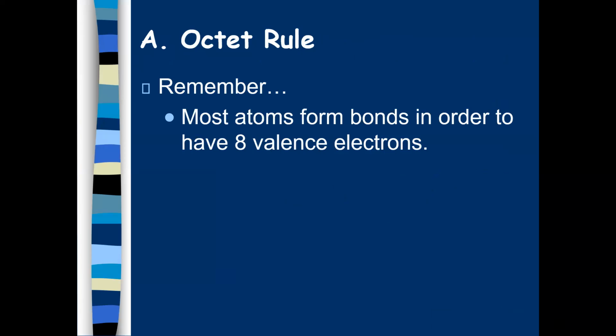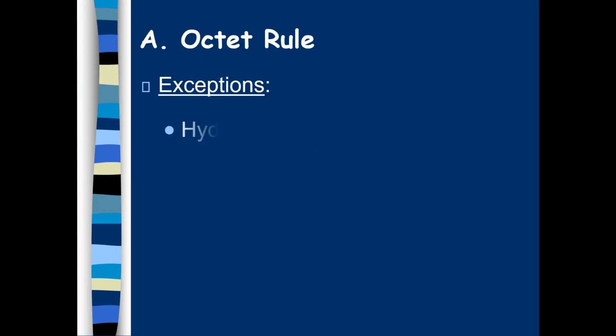But the main thing to remember here is that we're talking about the octet rule that we learned. Now, the octet rule just states that when elements form bonds, they want to have 8 electrons. And that's kind of what they do, except for the first 3 groups. And hydrogen, of course.